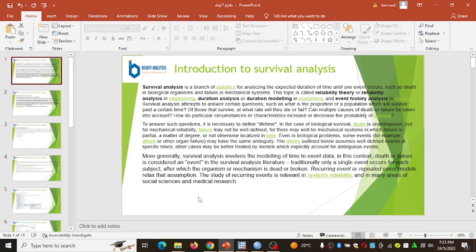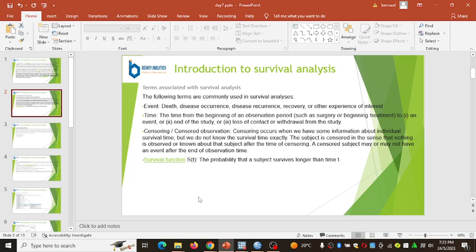We have some terms that are associated with survival analysis. The first one is event.